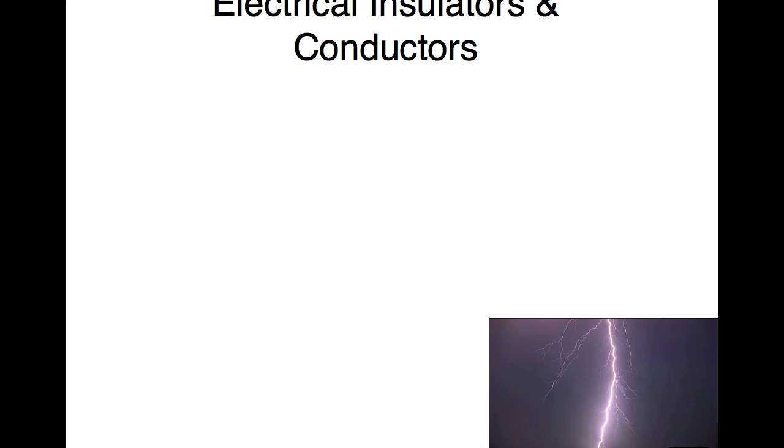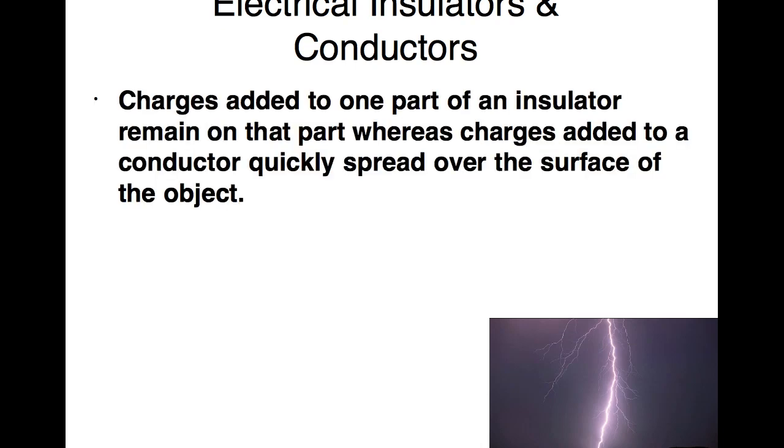We're still continuing with insulators and conductors. Charges added to one part of an insulator remain on that part, whereas charges added to a conductor quickly spread over the surface area of the object. What it's basically saying is, since insulators have tightly bound electrons, nothing can really penetrate through them. But a conductor can.